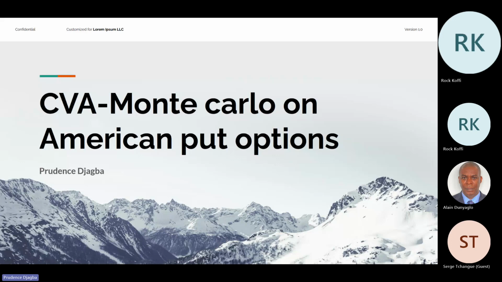In this talk, first of all, I will define what a CVA is, and afterward, I will explain the algorithm to compute the value of an American option, and later I will show the different steps to compute a CVA using the least square method. And at the end, I will give a demo of the code that I implemented in Python.